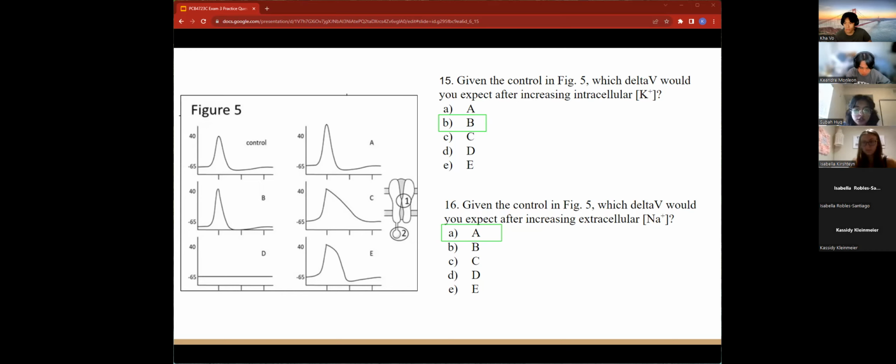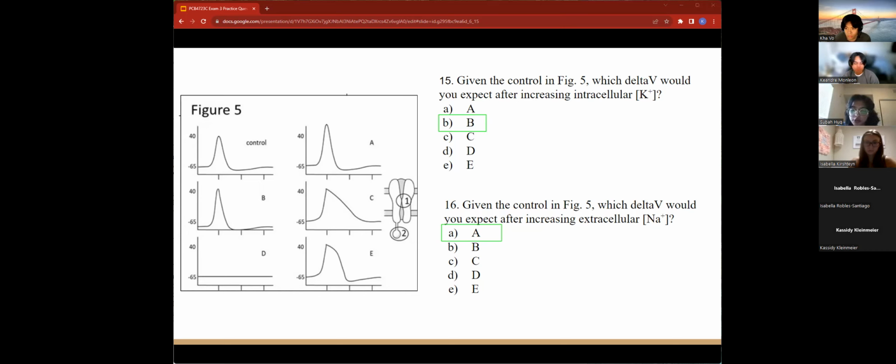With E, it's also showing that it's taking a while for the repolarization to occur. But the reason why it's taking a while is because of that little plateau region that's right at the overshoot. And I think he just talked about this. When you think of the overshoot, you think of the sodium inactivation gate closing. And so if there's a problem with the inactivation gate, then that part would happen much slower.